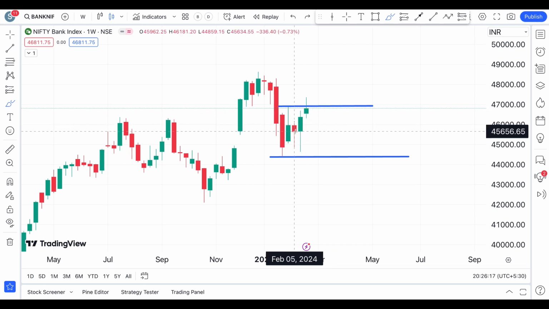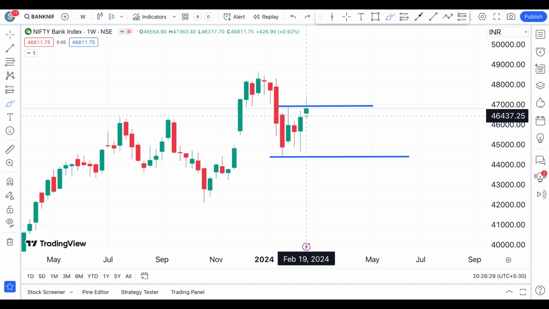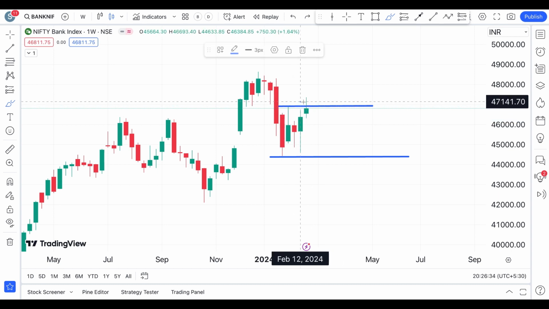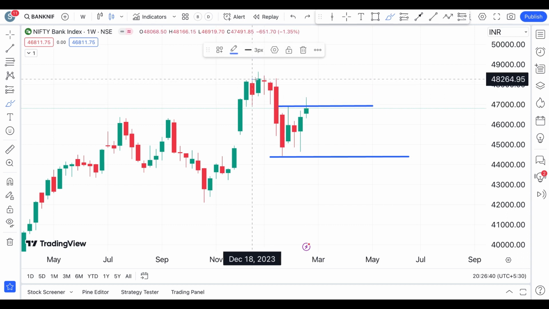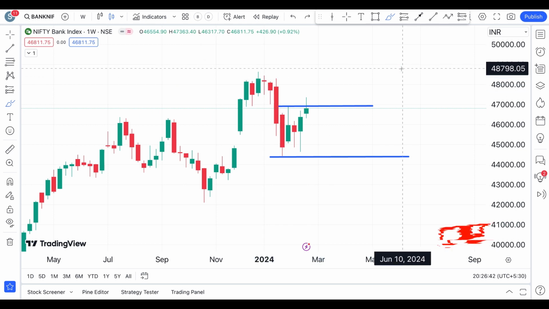Here it was not the same case. Here you have a lower low, and then after that, this bullish engulfing is a little better than this red candle. But currently, even though we are yet to see a breakout, if this close was somewhere above this blue line, then there's a good chance for the Bank Nifty to go all the way till that level.